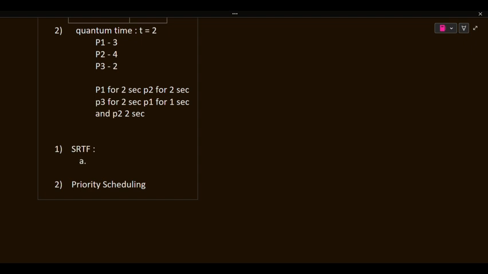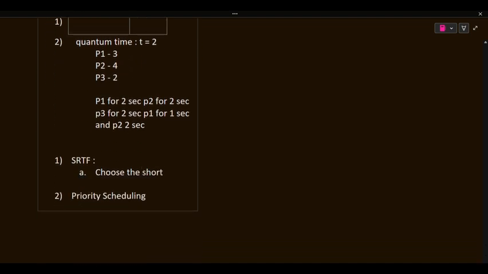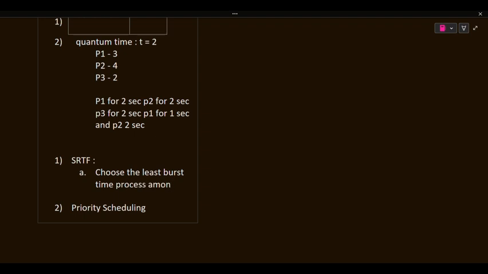It will choose the least burst time process among the ready queue. The main difference between shortest remaining time first and shortest job first is that the process can be preempted here.